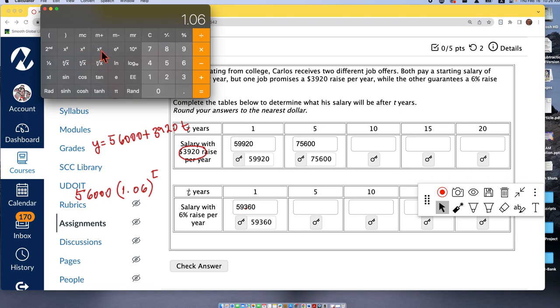there's this x raised to the y key. I'm going to click on that, and then I type in the 5. That's going to take 1.06 to the 5th power. I'm going to hit equals, gives us this factor, and now I'm going to multiply it times 56,000. So after 5 years, this job is, that's disappointing.